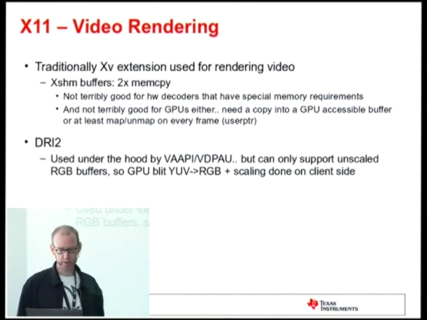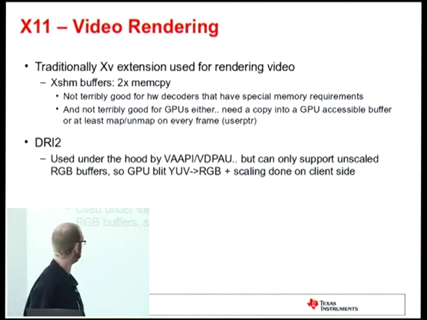For using hardware decoders, it would basically amount to having to do 2 mem copies, one out of the buffer that the decoder is using into shared mem, and then another from that into whatever the GPU is using on the Xorg side.